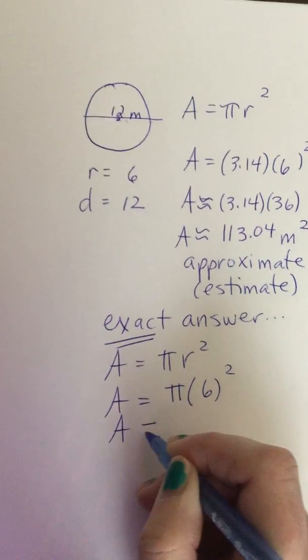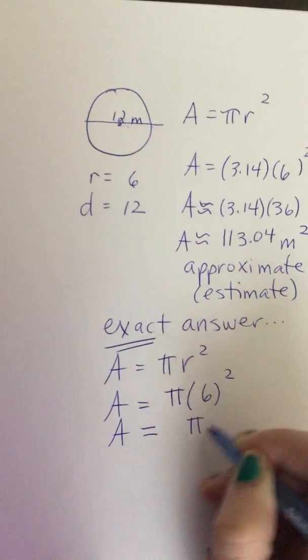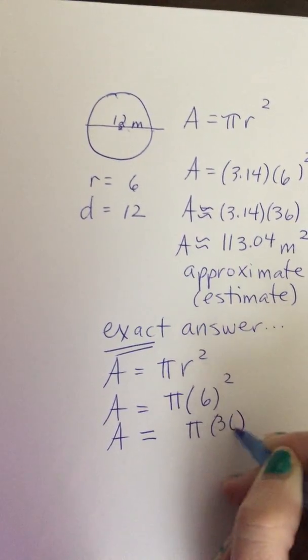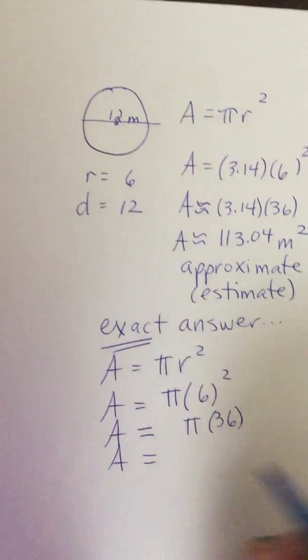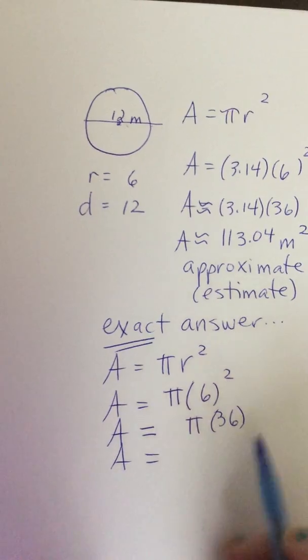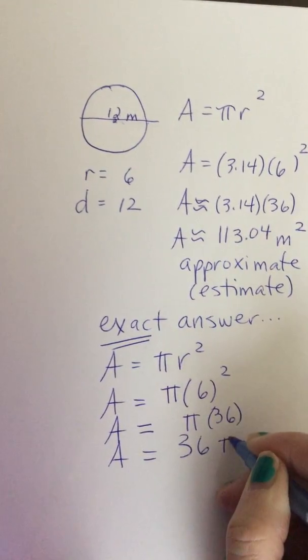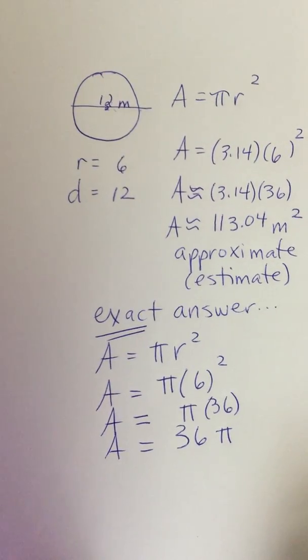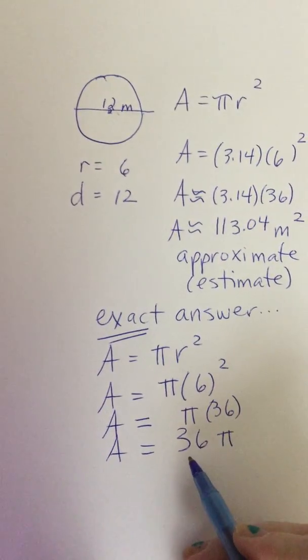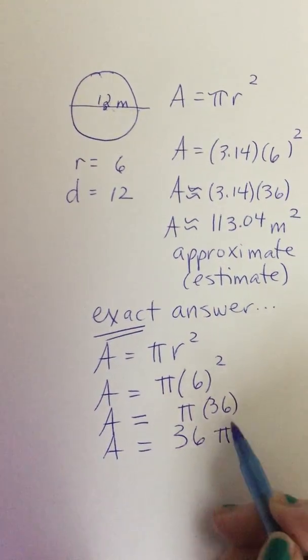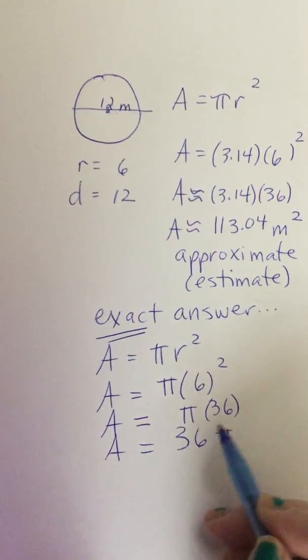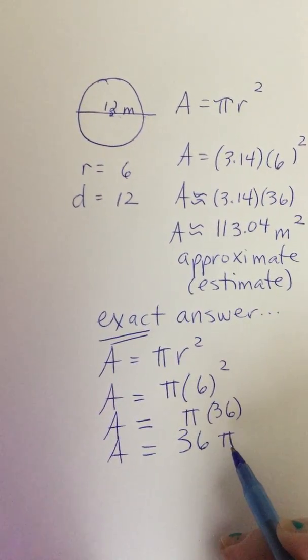So we get area equals pi, 6 times 6 is 36. And you always want to have the variable after. So the actual answer would be 36 pi. Okay, so area would be 36 pi. And this is an exact answer because it keeps the pi, it keeps all the numbers that go on and on forever in this answer.